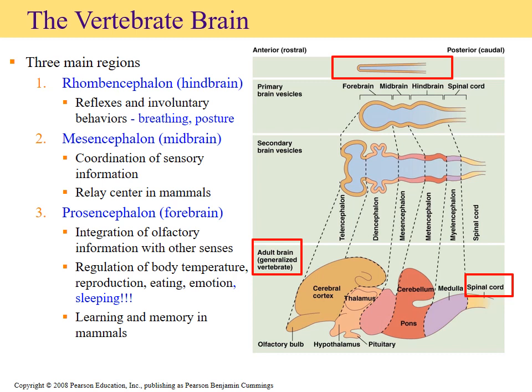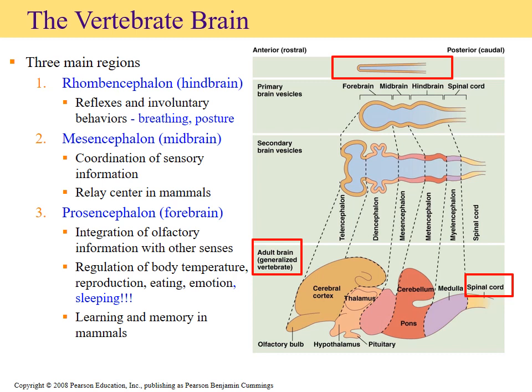Now, as you're looking at the transition on the picture, you're going to notice that the goal is to get three main regions: a hindbrain, a midbrain, and a forebrain. The hindbrain, the rhombencephalon, will focus mostly on things like breathing and posture, a lot of different reflexes and involuntary behaviors.